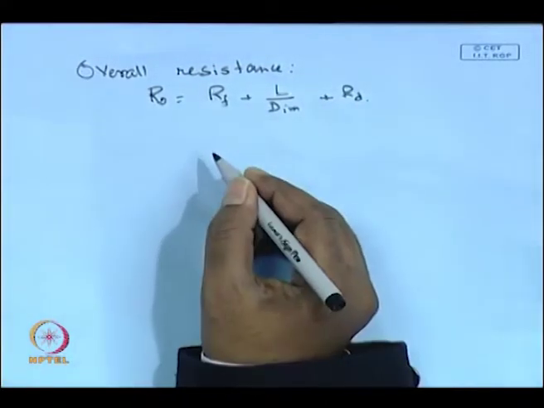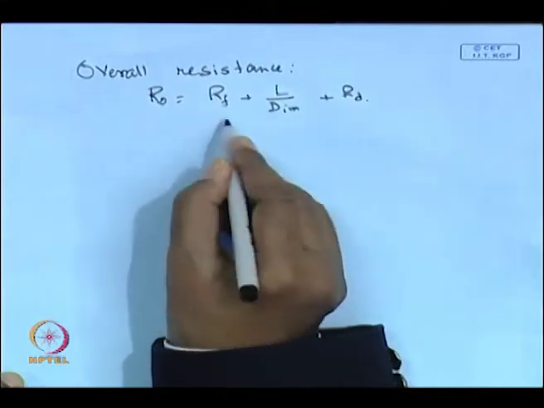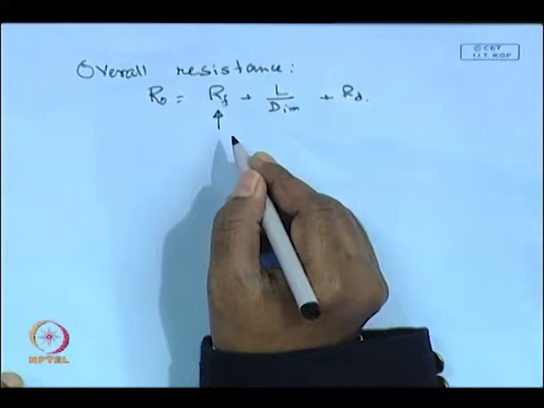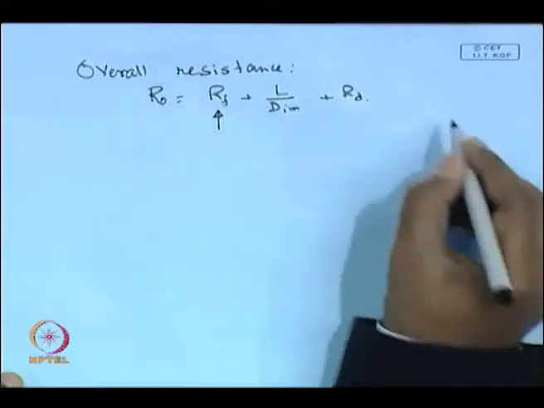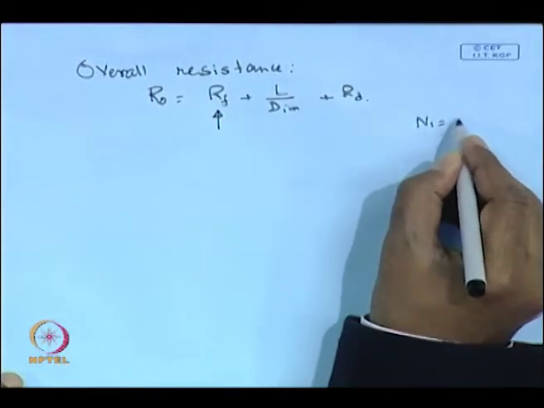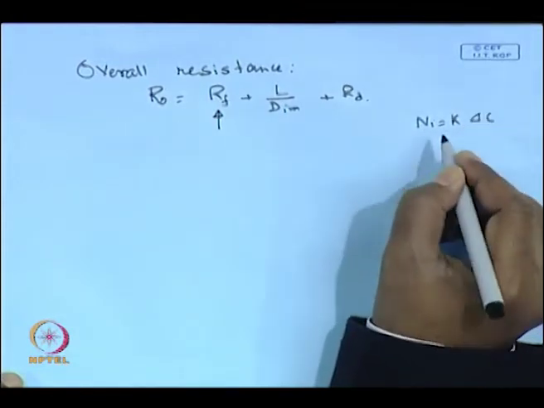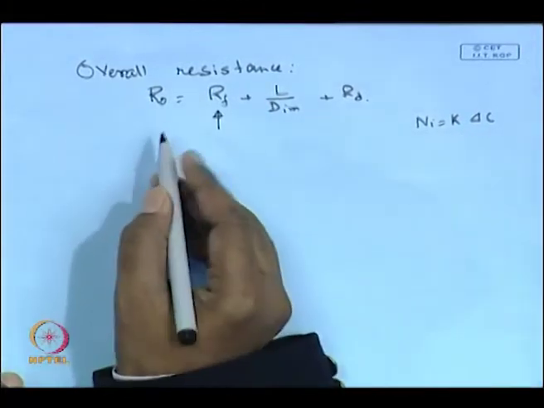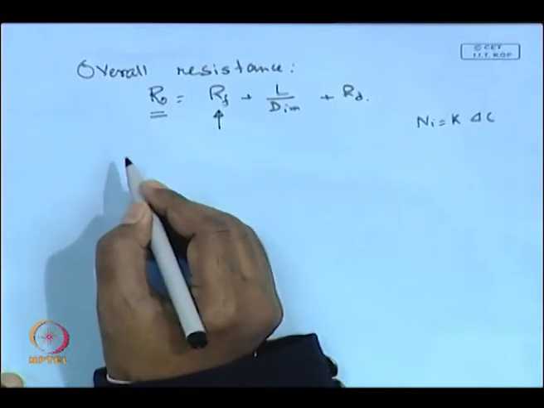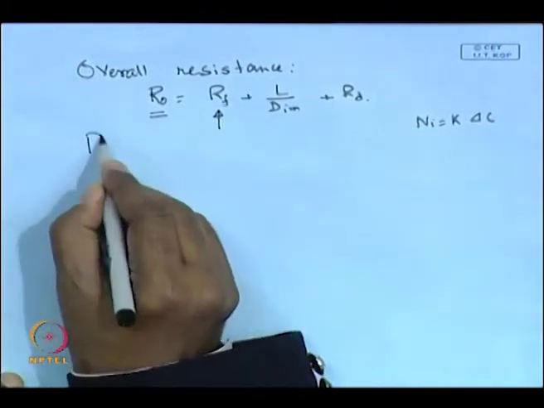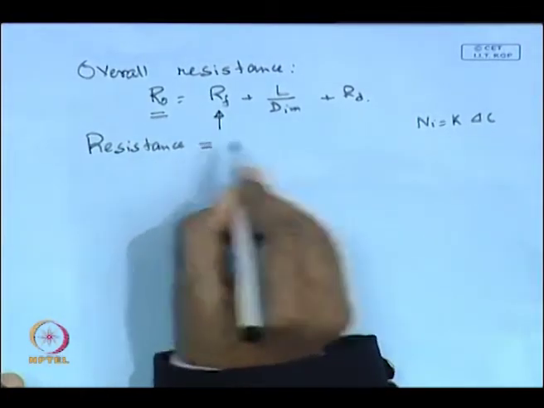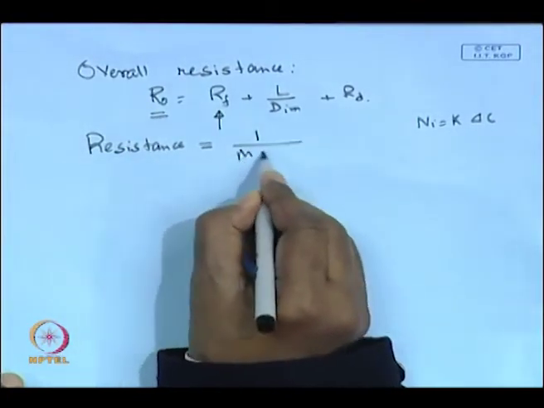If you remember the definition of the mass transfer coefficient, the solute flux is written as K times the concentration difference. So, K is the inverse of resistance.